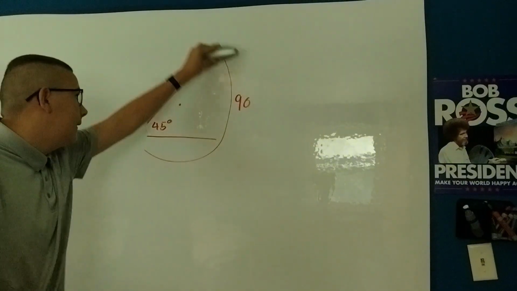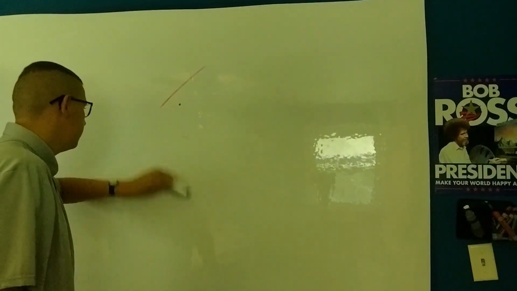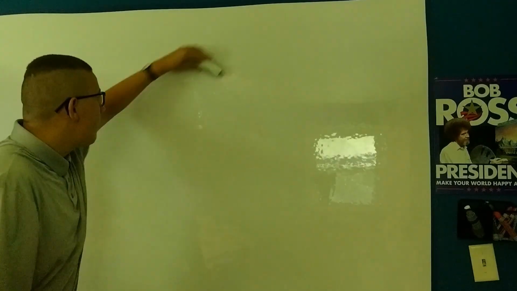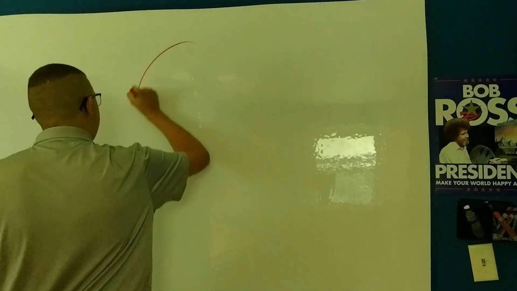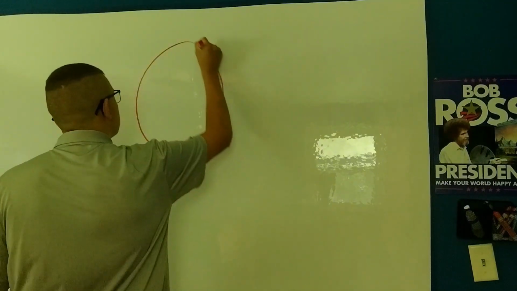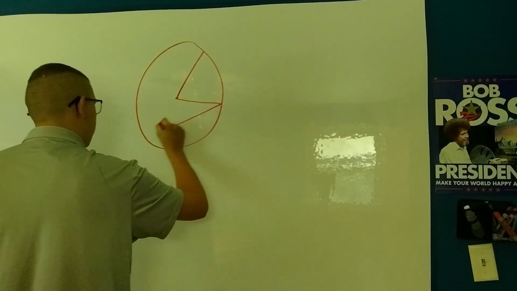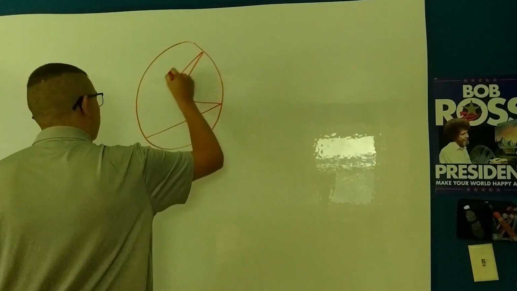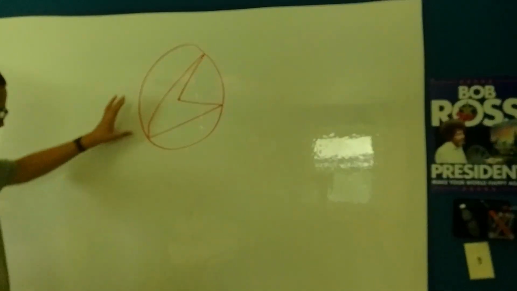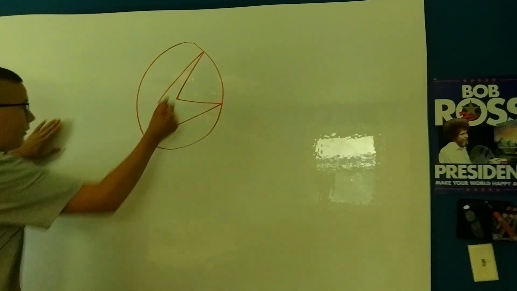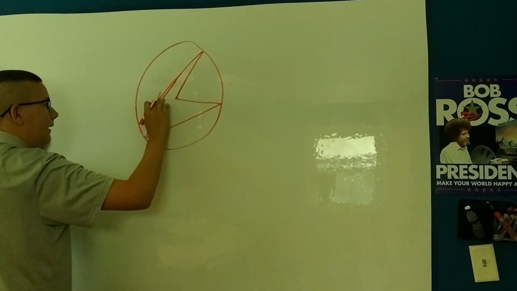Okay, now I have a bit more difficult, but still doable. If we have a circle with a center, like that, and then we make some weird quadrilateral. That's not supposed to be curved, I just messed it up. Kind of like that.